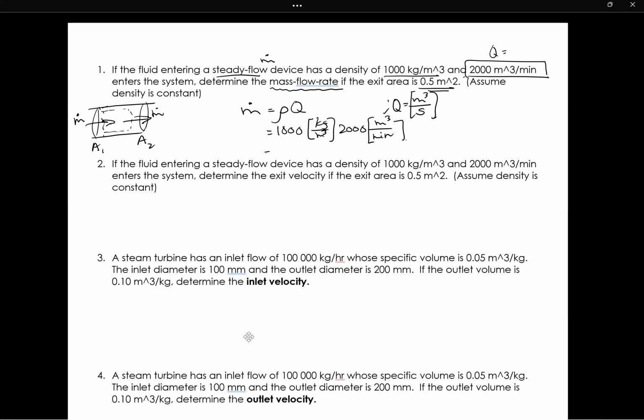So the flow rate ends up being 2.0 times 10 to the 6. And I can leave that in kilograms per minute, or I can put that into kilograms per second if I want to by just converting those units. So don't overthink a problem like this.